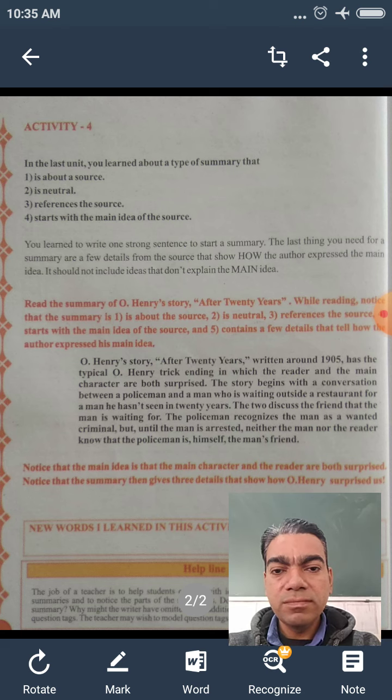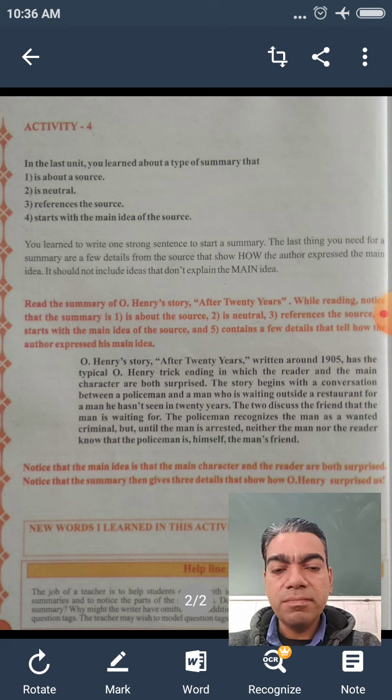While reading, notice that the summary, first, is about the source, second, is neutral, third, references the source, fourth, starts with the main idea of the source, and fifth, contains a few details that tell how the author expressed his main idea.